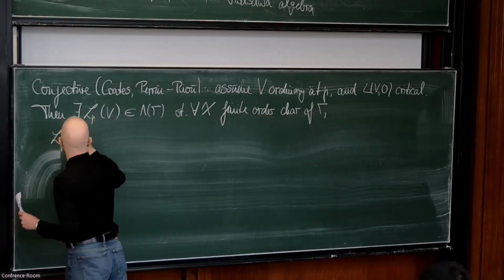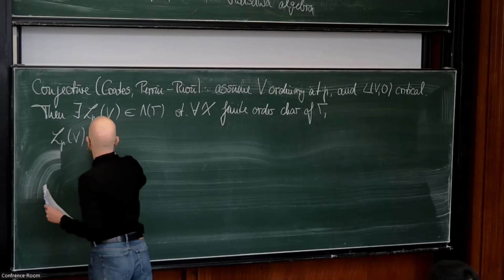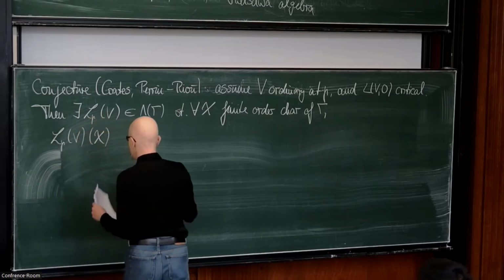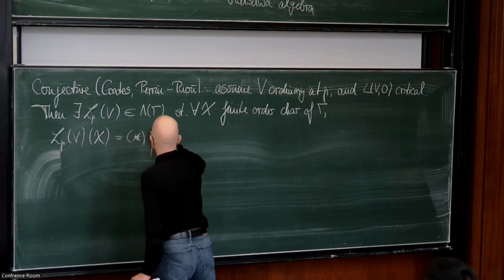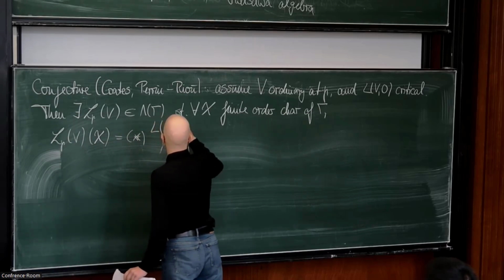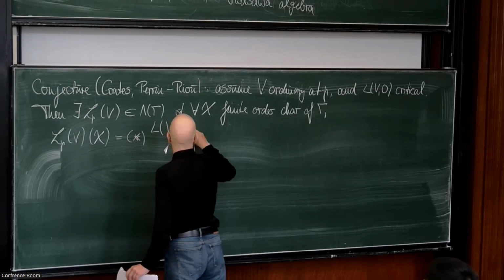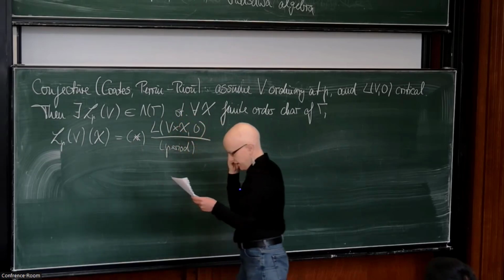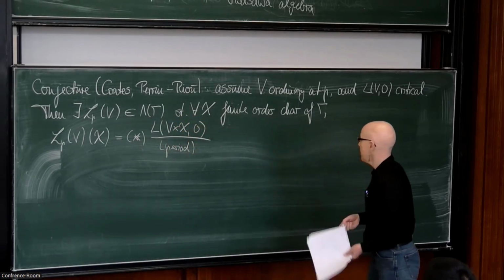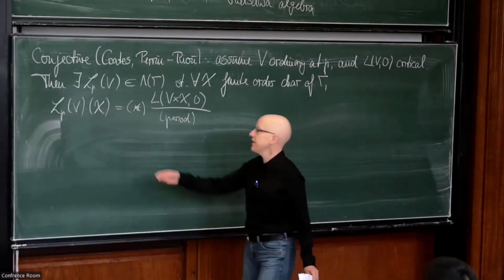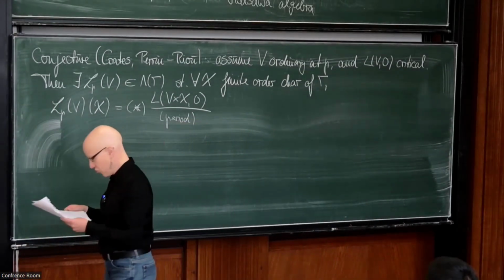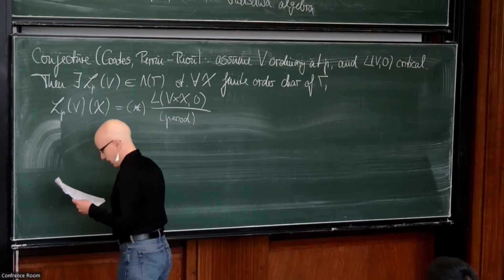If we integrate this measure against chi, then up to an explicit non-zero factor we get the value of the L-function of V twisted by chi, evaluated at 0, divided by some period. Okay.